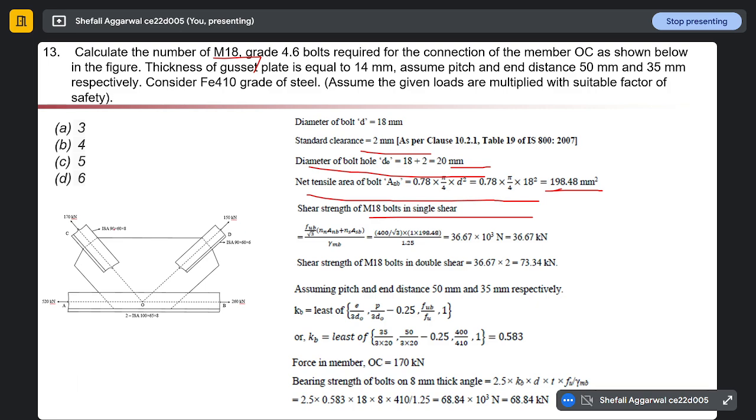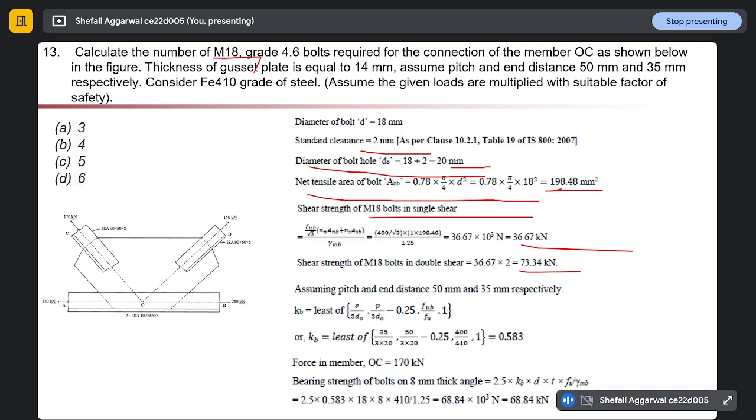All the bolts are in the tensile area, so we take only one bolt. So 1 into the area we have calculated, 198.48. Here we get the shear strength value as 36.67 kilonewton. In case of double shear, as given here, we will multiply the shear strength by 2, and it will give us 73.34 kilonewton shear strength.